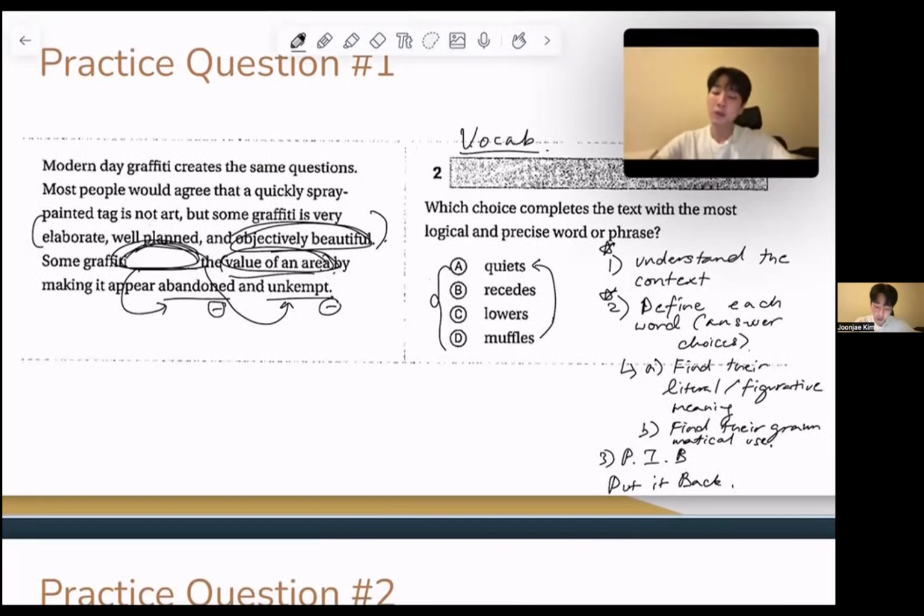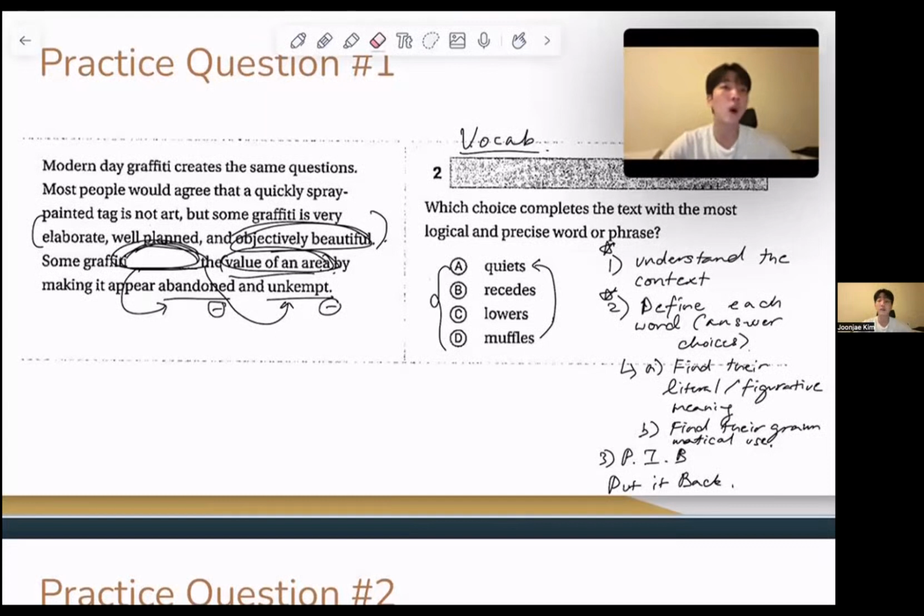But people who know the minute difference between the synonyms quiets and muffles know which one is used in a more figurative context compared to a more literal context. That would be quiets, right? Muffles is very specific in its usage, right? You're muffling a person. Someone feels muffled, someone feels like they're silenced, right?